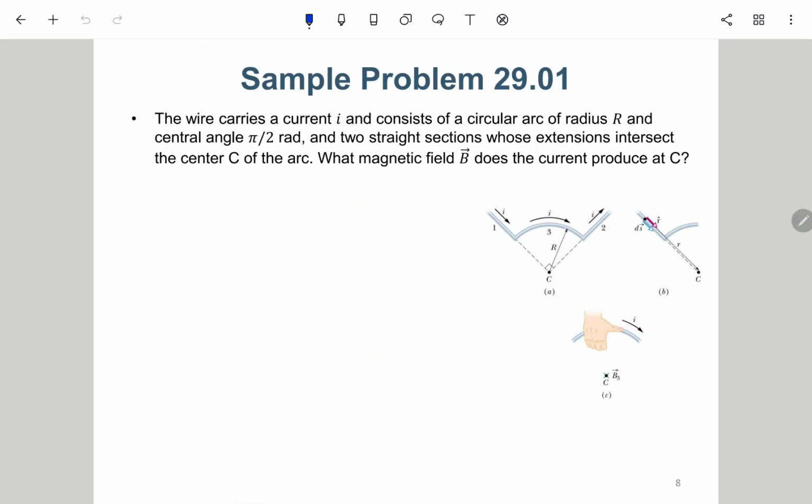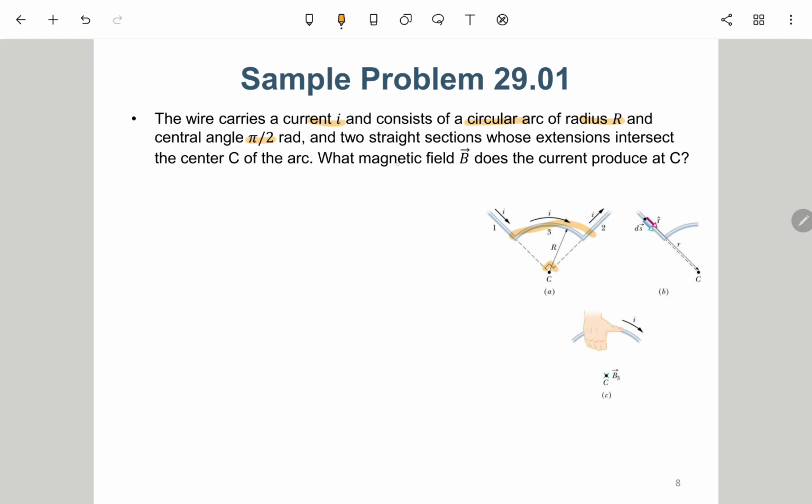Let's take a look at a sample problem so that we can see how to make use of this formula. It says the wire carrying current I consists of a circular arc of radius r and central angle pi over 2 radian, which is the right angle, and two straight sections whose extensions intersect the center C of the arc.